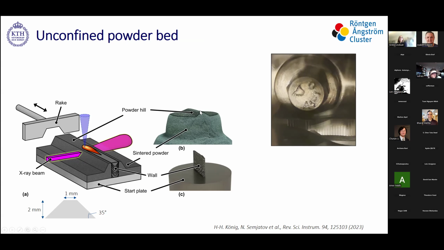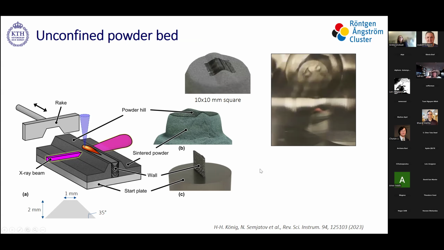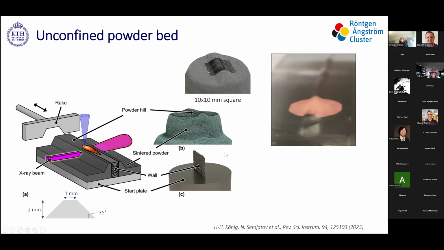It looks like this, the powder bed, and after printing we would print this wall. But we've also tried to do small squares, so cubes, and it looks like this, and like this in the machine. So we shape the powder bed so we can look in transmission mode with X-rays during processing.